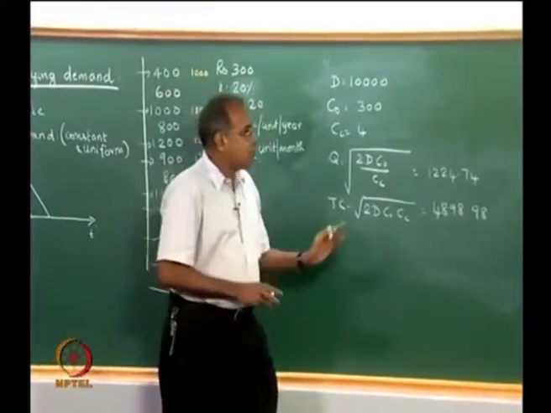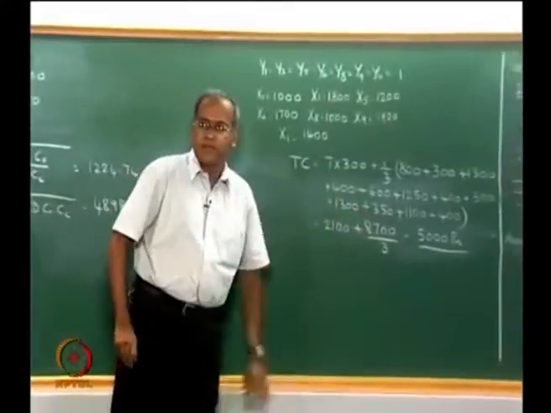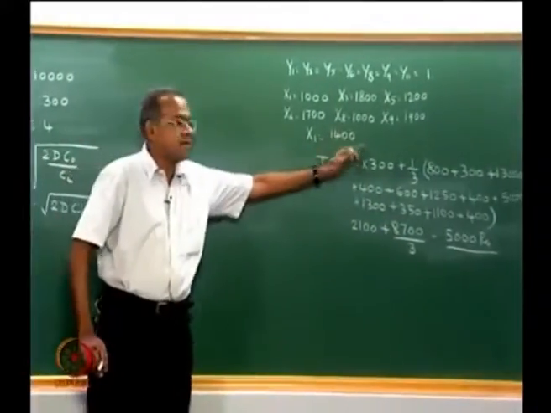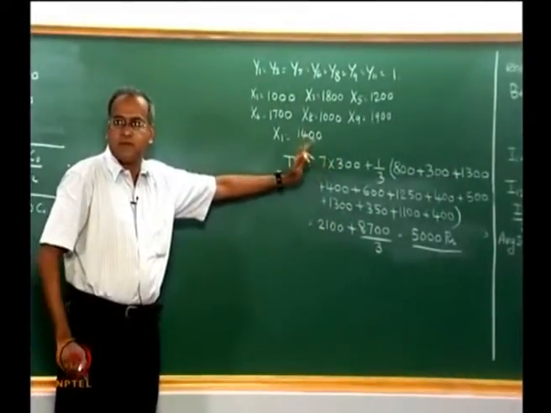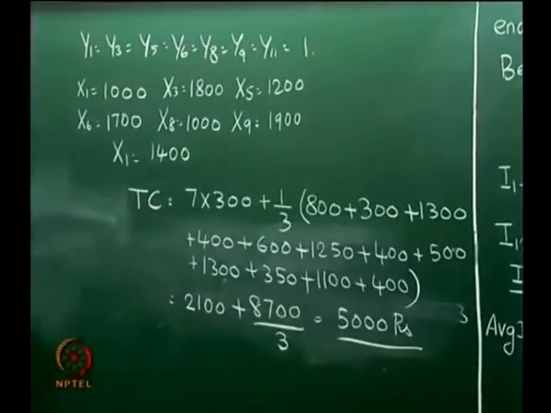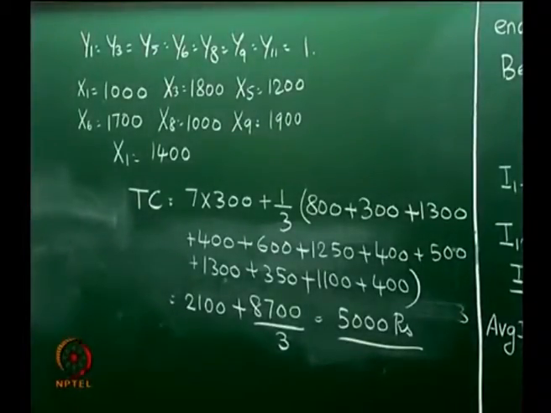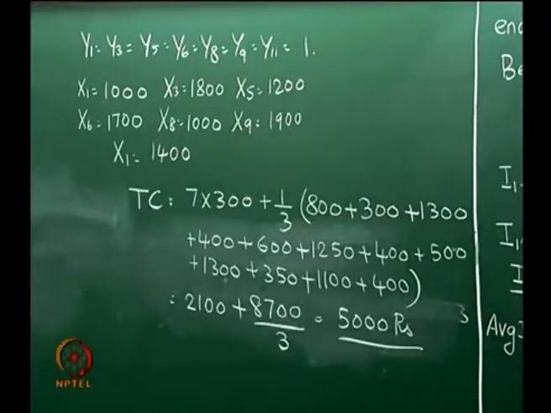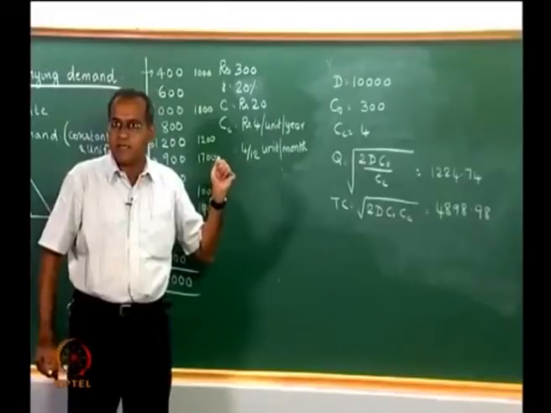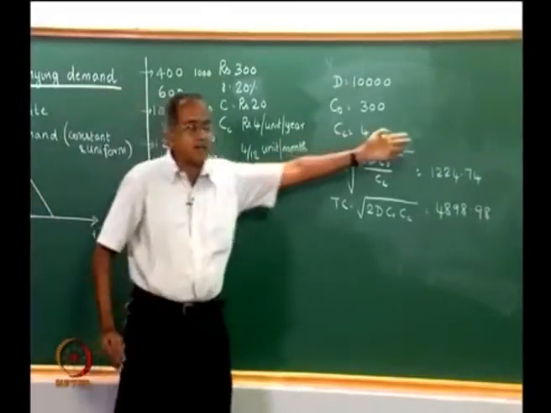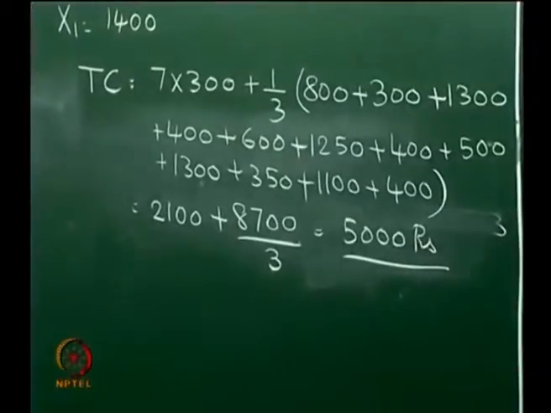It is very clear as to why this was marginally higher. That is because this problem is further constrained. This problem is further constrained by many reasons. This has a finite period, that has an infinite period, this has demand that varies with time, there you have demand that does not vary with time. So in principle this is a further constrained problem, so it gives us 5000.